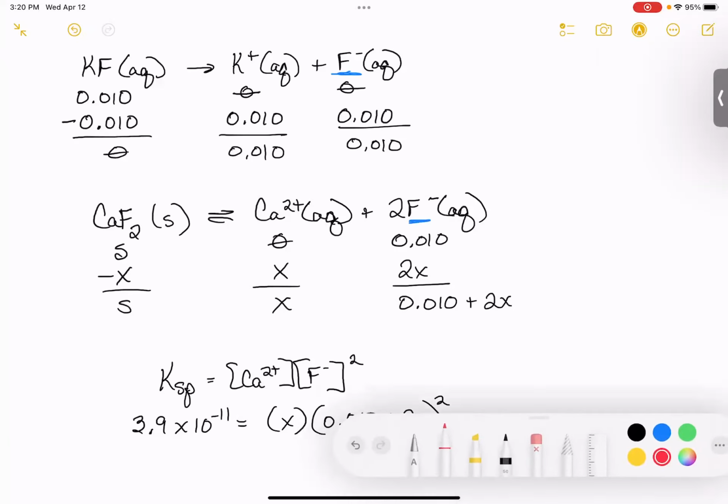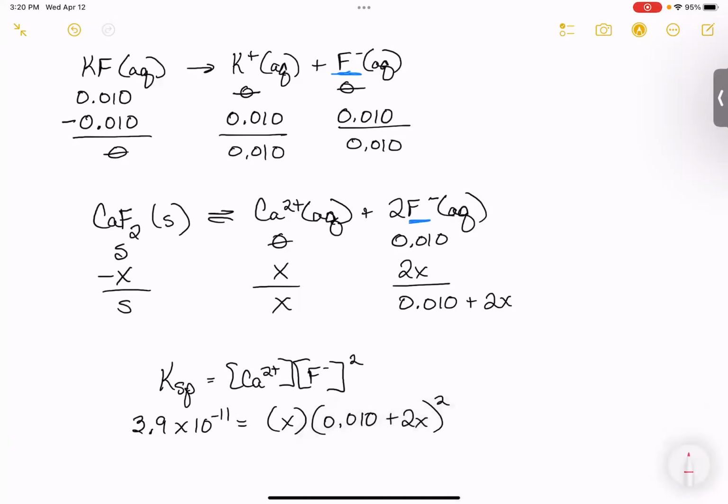This is where it's these types of problems where that assumption is extremely useful. Otherwise, you're going to come out with a cubed equation. It gets hairy quick.